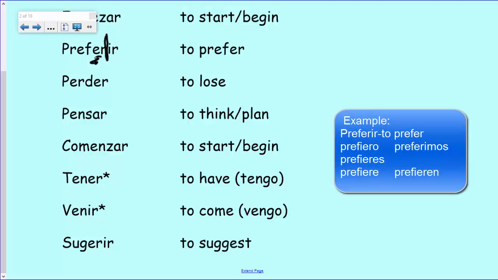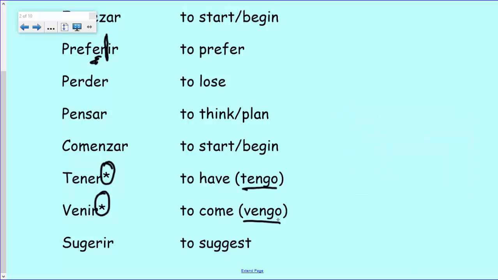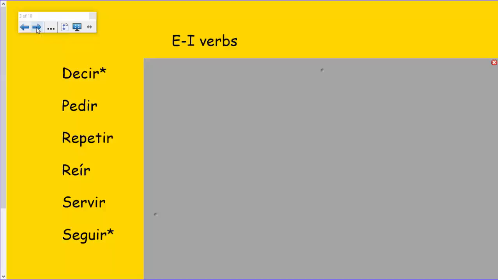Some of these verbs have asterisks next to them. That is because the yo forms are irregular. So those verbs are muy especial because they have 2 irregularities. They are irregular yos and they are stem changing verbs. Here are a list of E to I verbs. Again, you've got some verbos especiales here, irregular yos, and we will get to those irregular yo forms in a little while.